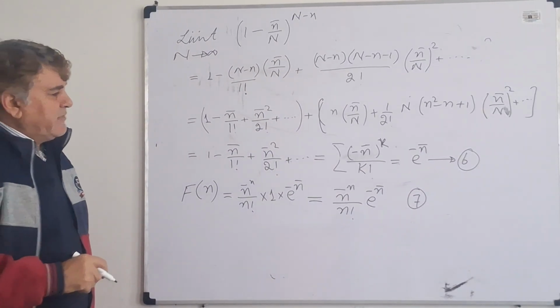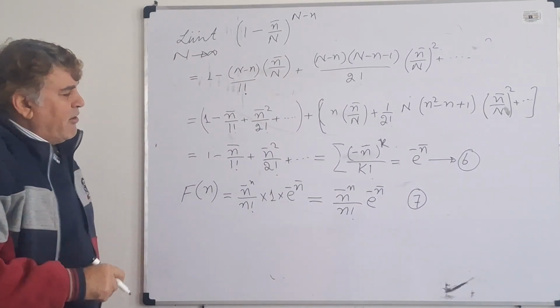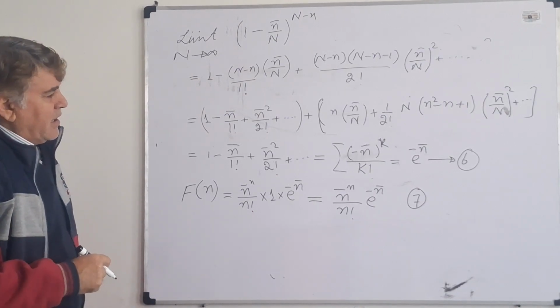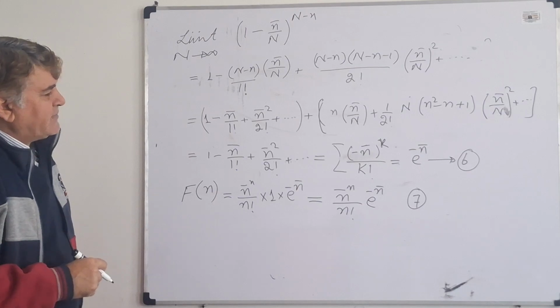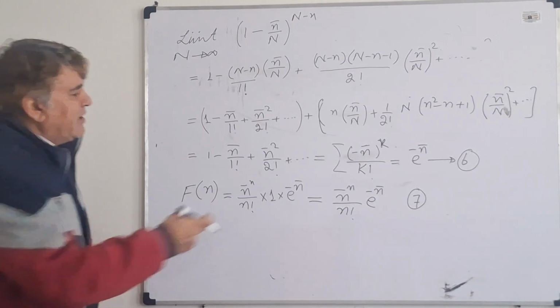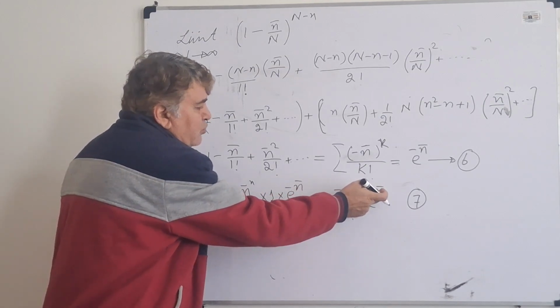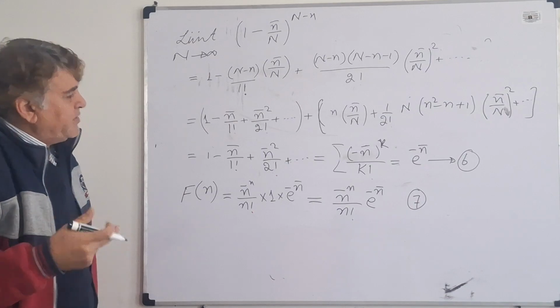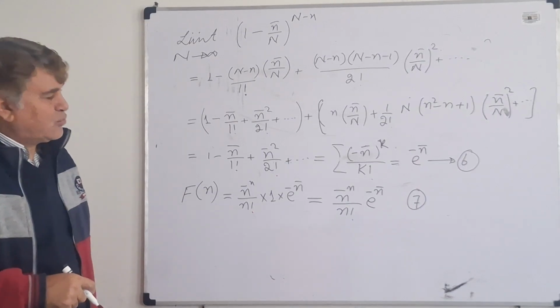Equation 7 is in fact the mathematical form of Poisson's distribution, and you see it is nicely characterized by the mean of the binomial distribution, because the n we used was the mean of the binomial distribution, which happens to be the mean of the Poisson distribution as well.